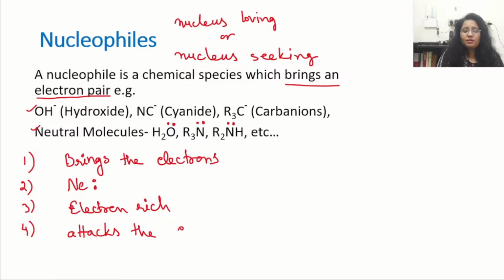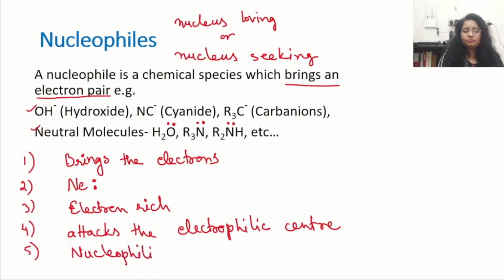The fifth point is that the reactions which proceed through nucleophiles are called nucleophilic reactions. So this is the story of the nucleophile. When there is a carbon species having a plus charge, the nucleophile will attack that carbon and make the product.